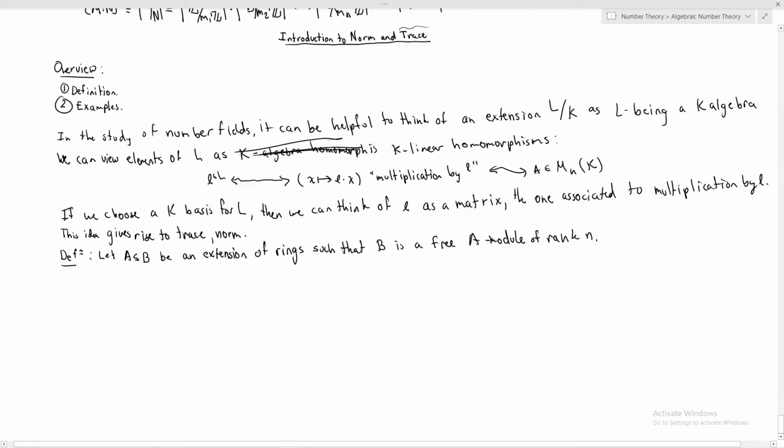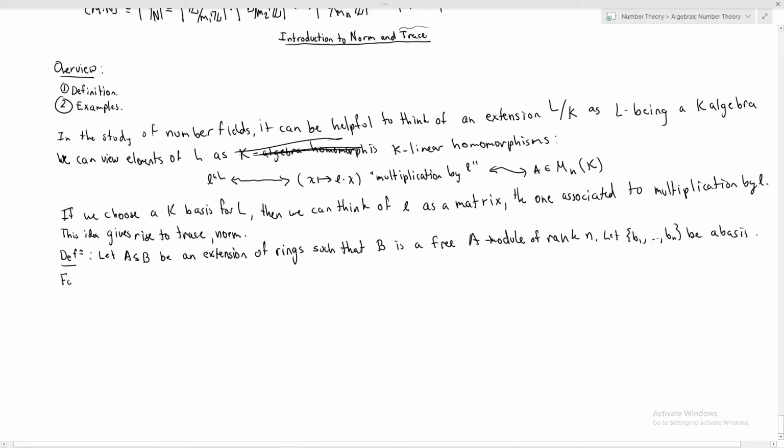So we can't define these necessarily for any extension of rings, but if B is a finitely generated free A module, then we're in business. I'm going to pick a basis, b1 through bn, for B over A.